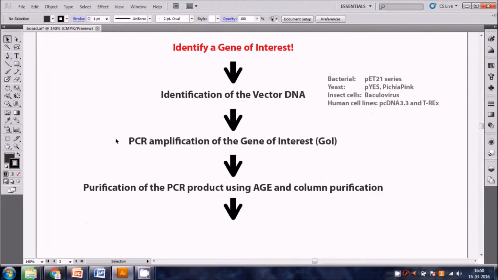And then you will perform a PCR amplification of your gene of interest, which will contain the flanking regions for the restriction enzymes.